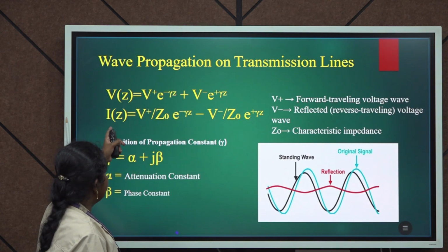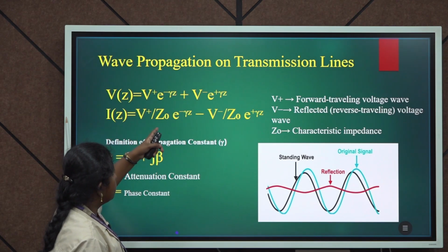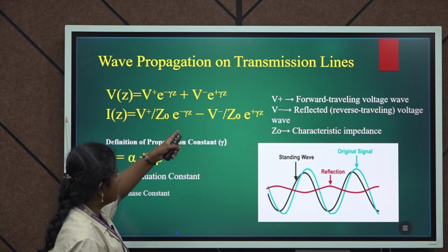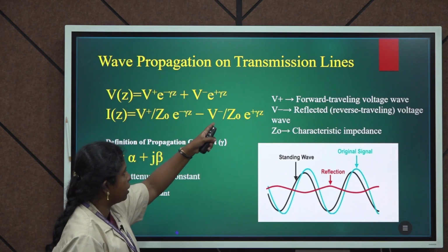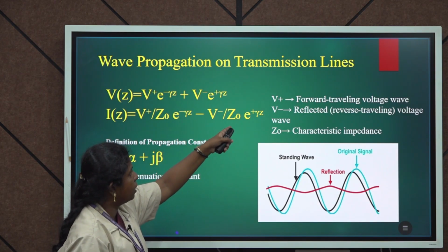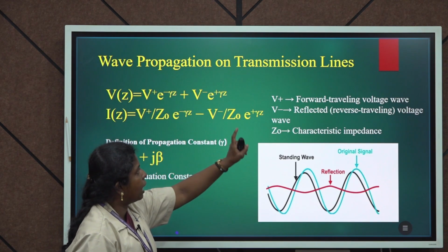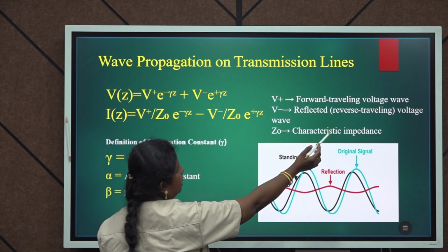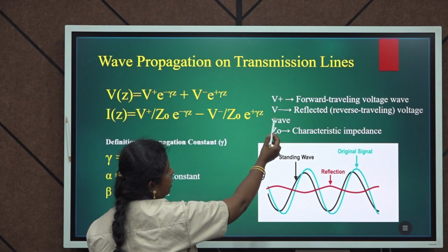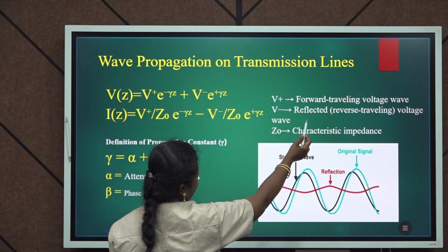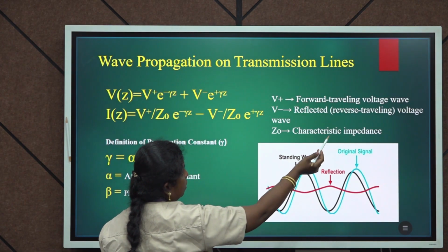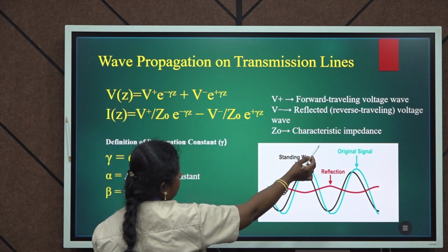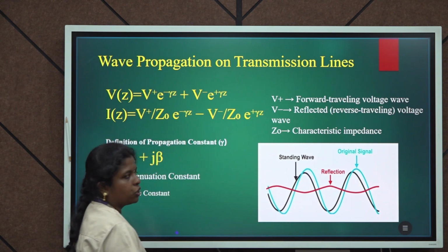In terms of current, it is V plus divided by Z naught, the characteristic impedance, times e power minus gamma z, minus V minus divided by Z naught times e power gamma z. Here V plus is the forward travelling voltage wave, V minus is the reflected wave travelling in the reverse direction, and Z naught is the characteristic impedance of the transmission media.